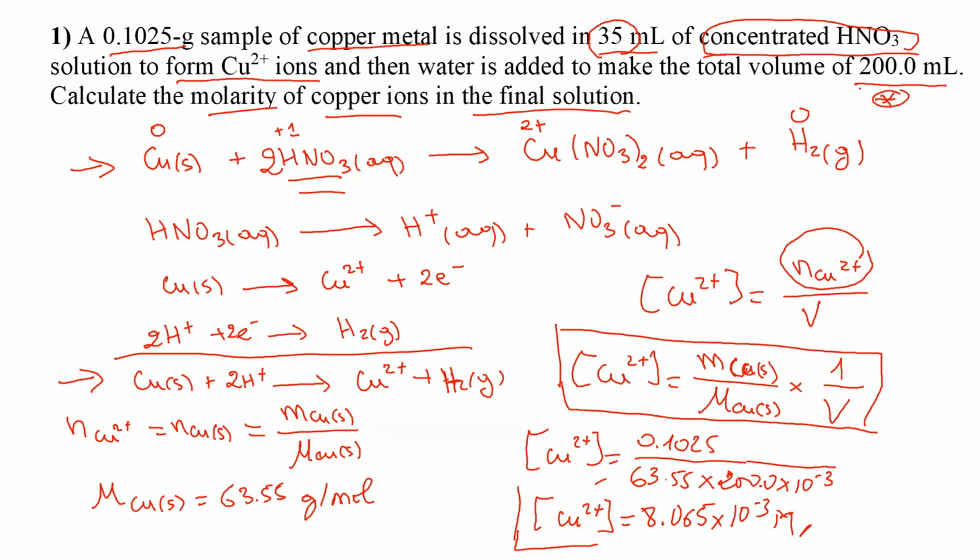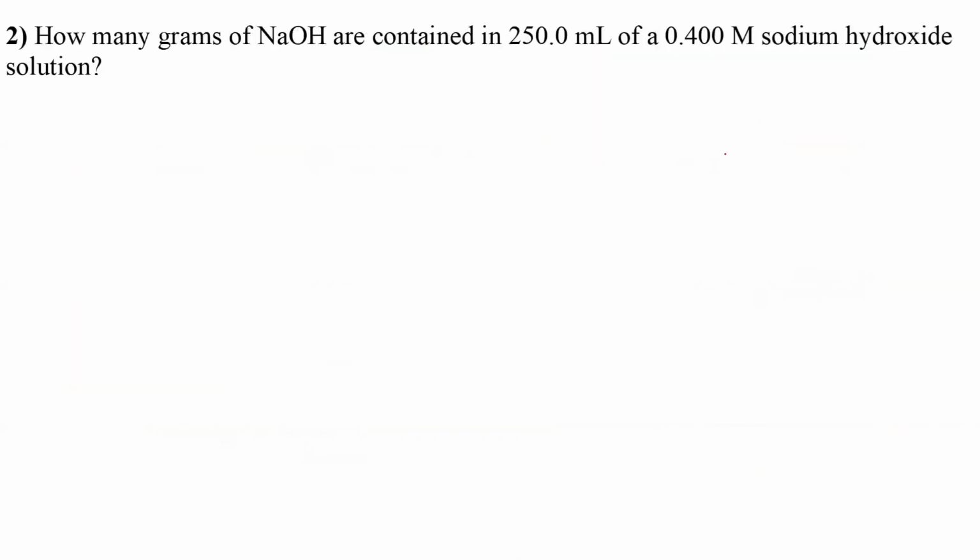Let's move to problem number 2. How many grams of sodium hydroxide are contained in 250 ml of a 0.4 molar sodium hydroxide solution? Okay, so here what do we know? We know that we have sodium hydroxide, which is a base.